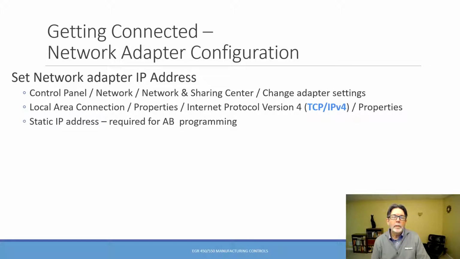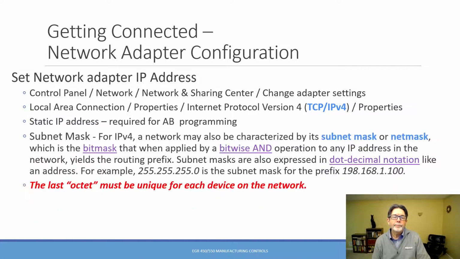Basically we want to change the IP address in the local area connection properties, on the Internet Protocol version 4, which is TCP/IPv4, to the static IP address we will require for Allen Bradley programming. As you'll recall, all the devices in the lab have a static IP address, and we're going to want to be on the same subnet as those addresses.